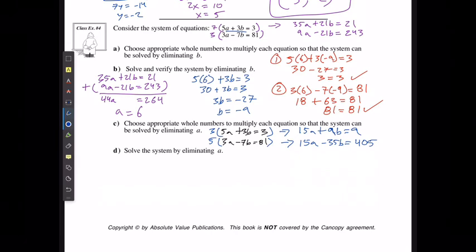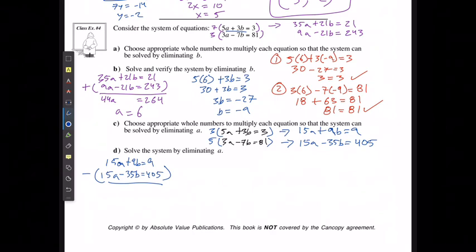So, when I'm eliminating these, because the signs are the same, I'm going to subtract them to eliminate. So the a's are going to cancel out, and then I can take a look at the b's.